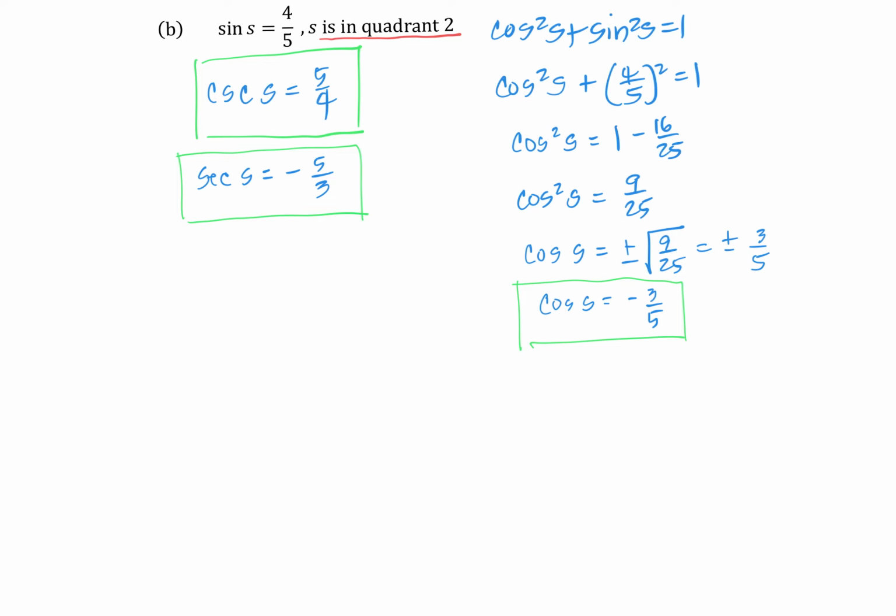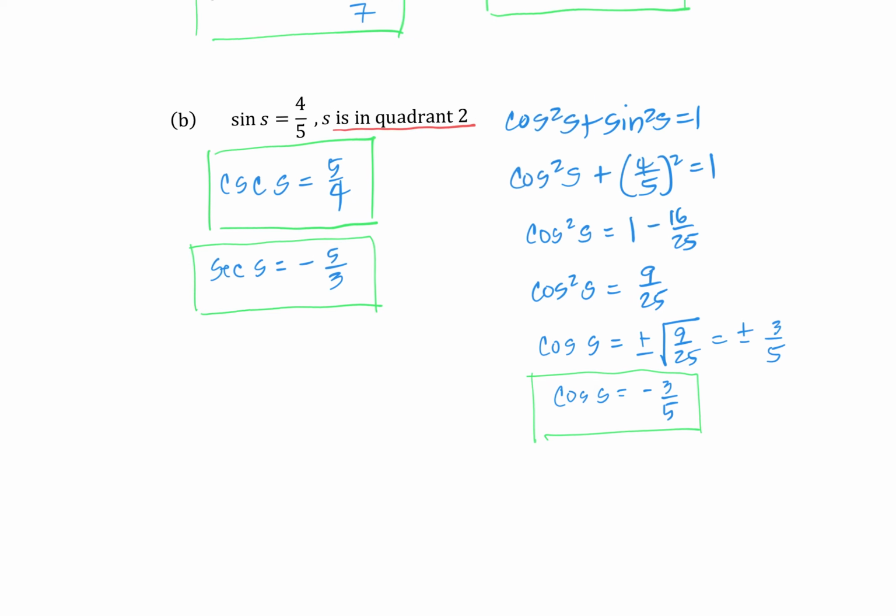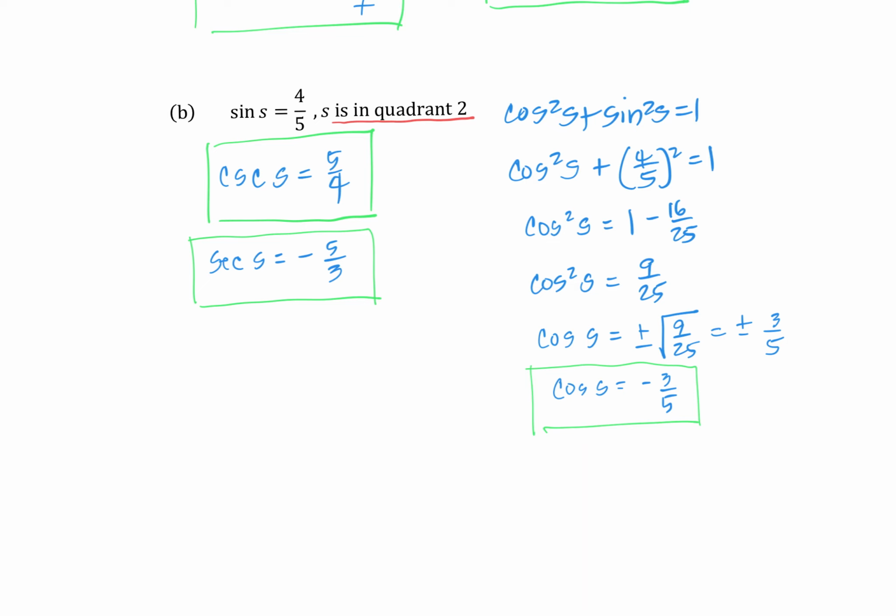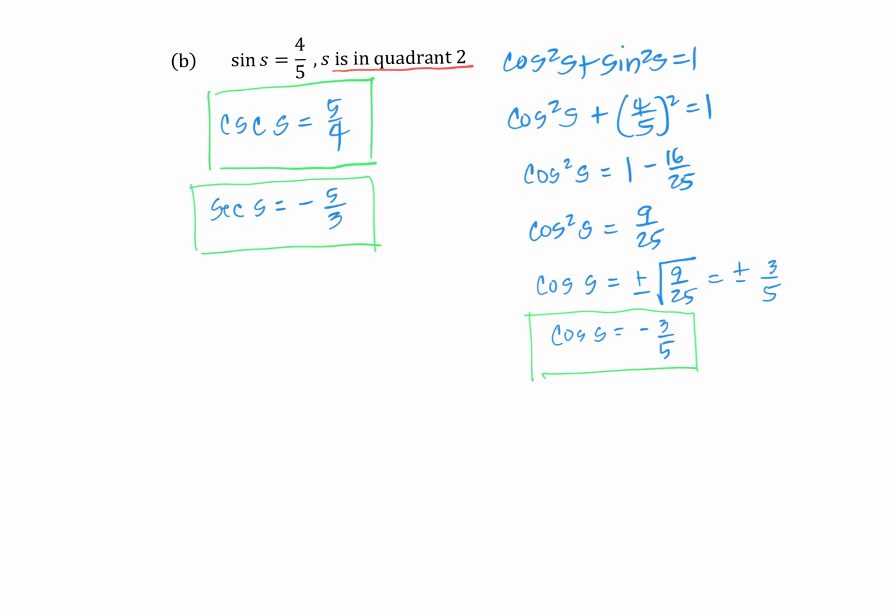Okay, so I have cosecant, I have secant. I still need tangent and cotangent. So tangent is sine over cosine, and I have sine and I have cosine, so I can get tangent. Tangent of s is going to be equal to sine, which is 4/5, over cosine, which is negative 3/5. Now remember that shortcut, same denominator, cancel, cancel.